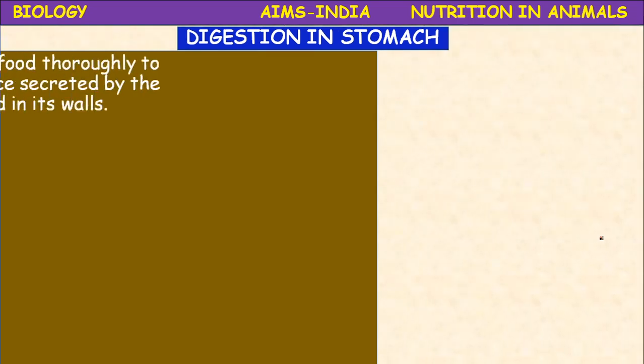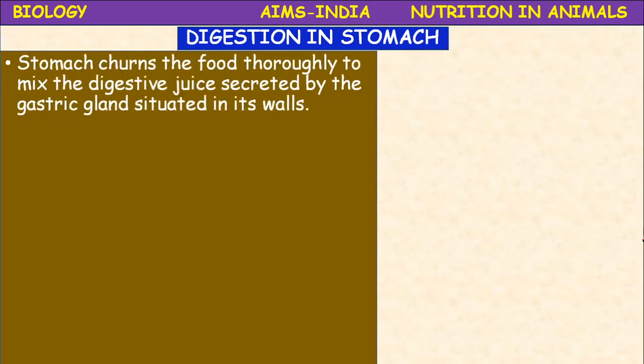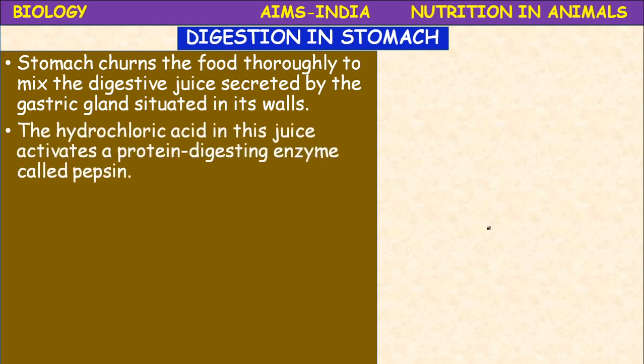Next, digestion in the stomach. Stomach churns the food thoroughly to mix the digestive juices secreted by the gastric glands situated in its walls. The hydrochloric acid present in the gastric juice activates a protein digesting enzyme called pepsin.